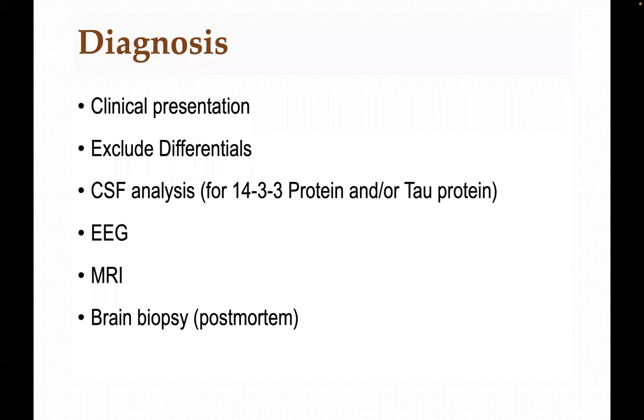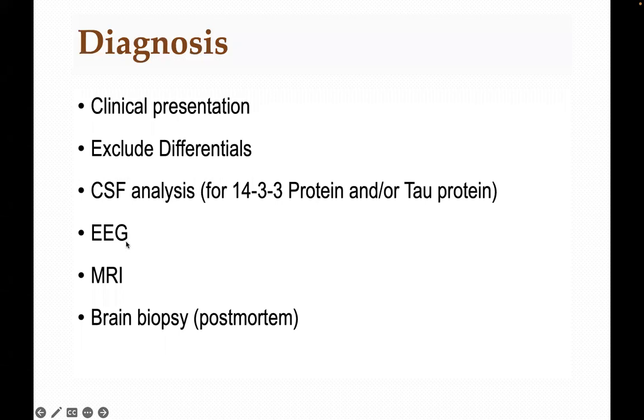And then when there is some neurological dysfunction, in diseases such as prion disease, or diseases such as Parkinson's and Alzheimer's, these particular proteins are usually very important in their diagnosis, the 14-3-3 protein and the tau protein. So this can help in diagnosis using CSF analysis. Then you can also do an EEG, electroencephalogram, to see the brain activity.